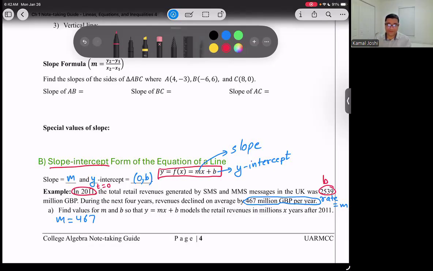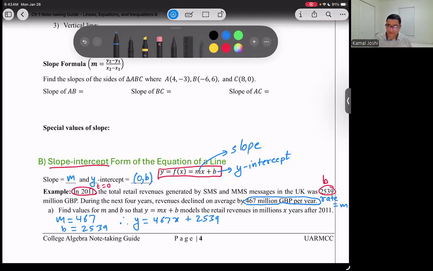That was the value of the revenue when we started counting. So in the language of equations, we will say b is 2,539. Therefore the equation or the model will be y equals 467x plus 2,539.